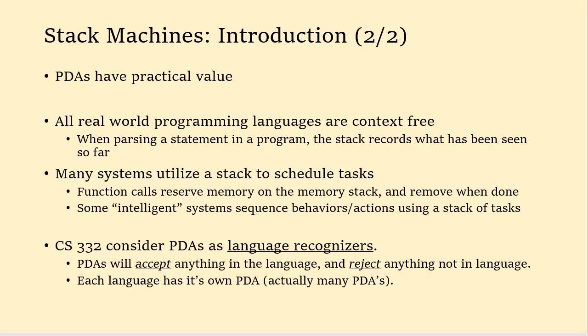It's also used for scheduling tasks. So a real-world stack machine is going to look different from what we have here, but the idea is the same. You've all heard that function calls will reserve memory on the memory stack. Well, why is that used that way? A function call is made and memory is put on the memory stack, and then when the function returns, that portion of memory is freed up again.